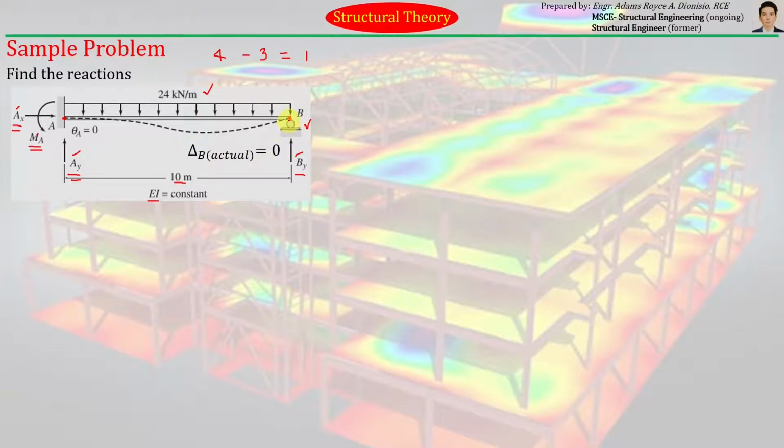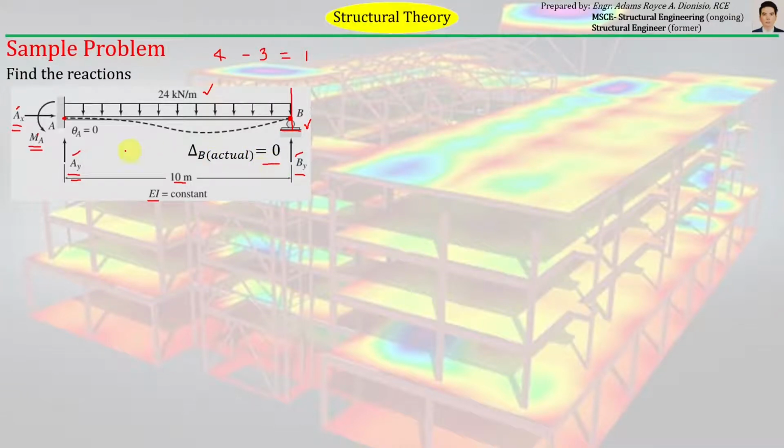Obviously, because we have a roller support here. And we know for a fact that a roller support restrains translation perpendicular to the surface where it is standing. It actually restrains motion or translation perpendicular to this direction. So therefore, there is no deflection along that direction.